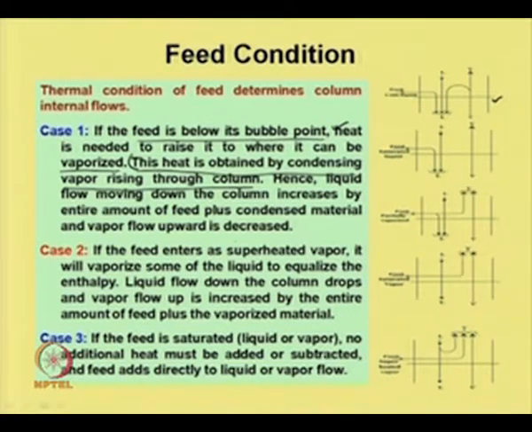So, what is happening? If we give cold feed, all the feed will flow down along with some part of the vapor which will be condensed. So, from the feed tray, the internal flow downwards will be increased, whereas the vapor flow towards the top of the tower above the feed tray will be decreased.